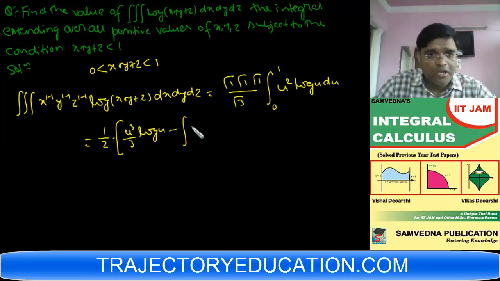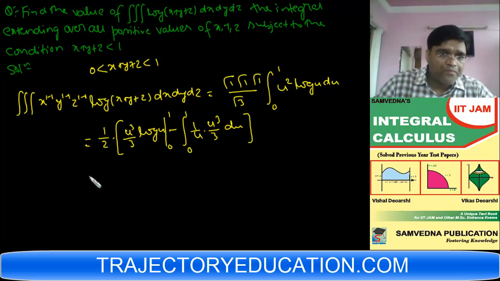You might be aware of it. So this is the differentiation of log u and the integration of u squared, u cube by 3, du. Here the limit will be 0 to 1, here also 0 to 1. See, if I put 1 it is 0.